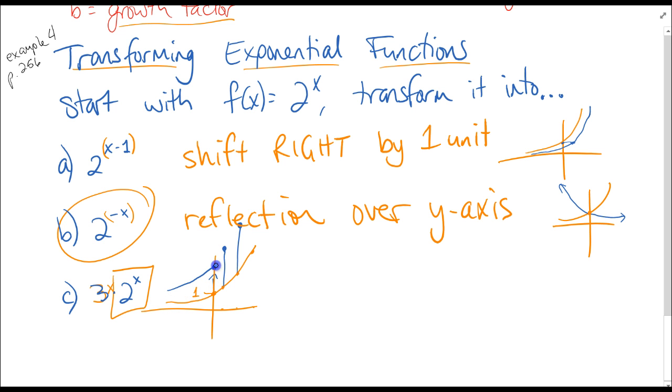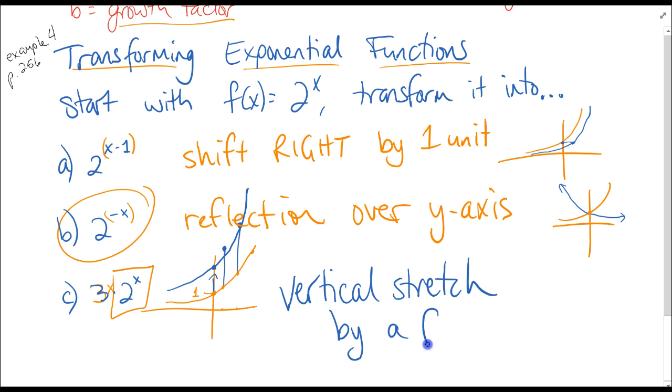And so now the effect is a vertical stretch by a factor of 3. And 3 not only does a vertical stretch, but we can also refer to it as the initial value.